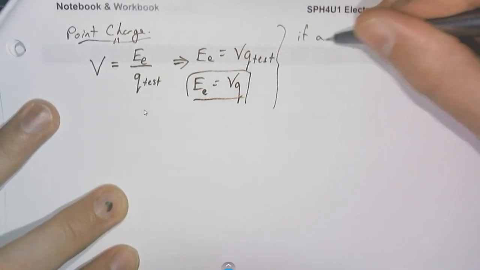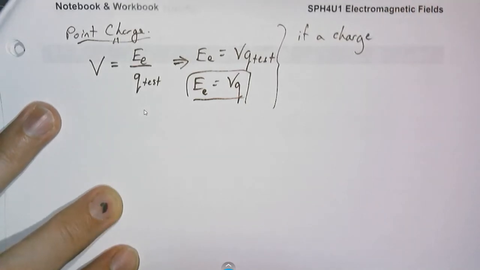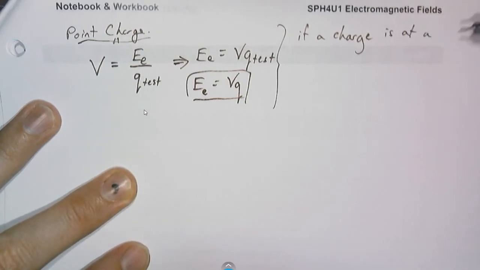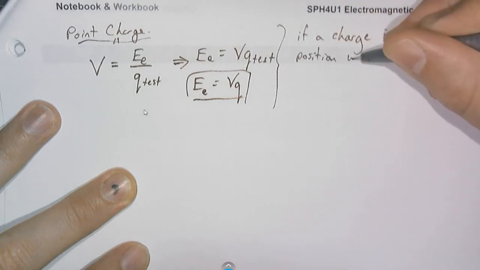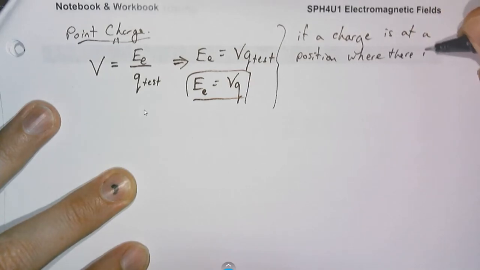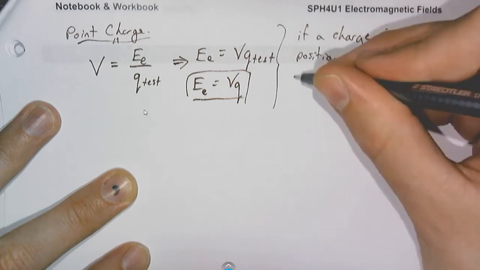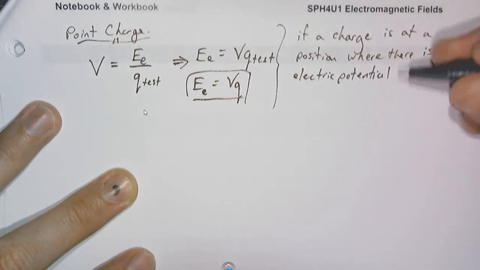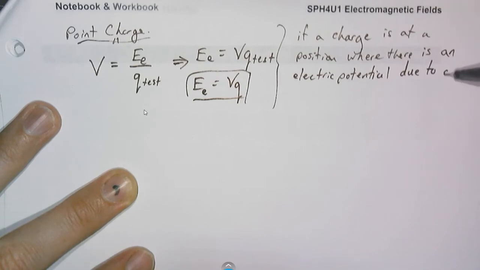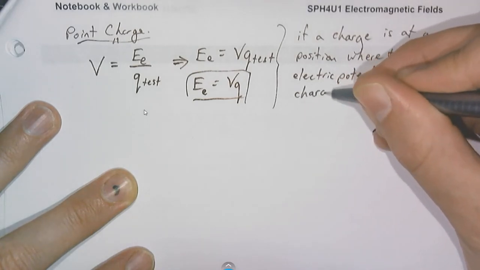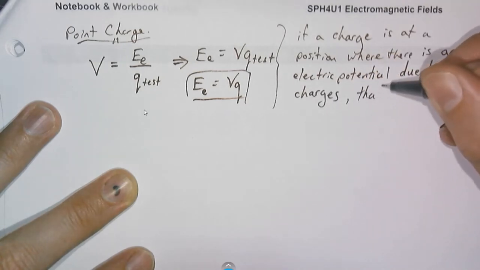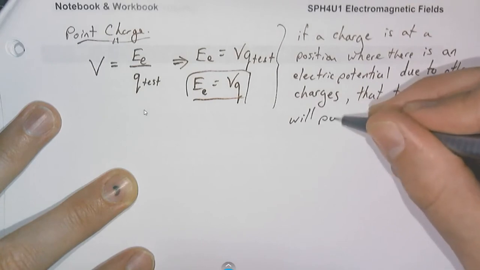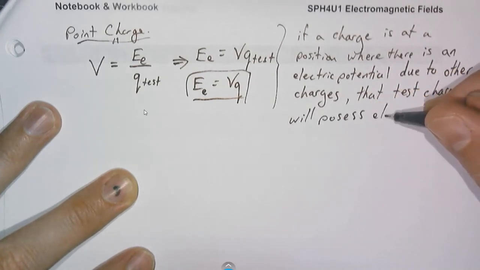So if a charge is at a position where there is an electric potential due to other charges, that test charge will possess electric potential energy.